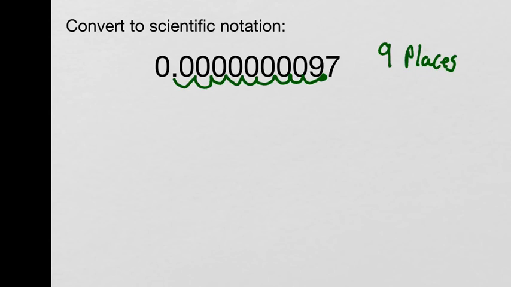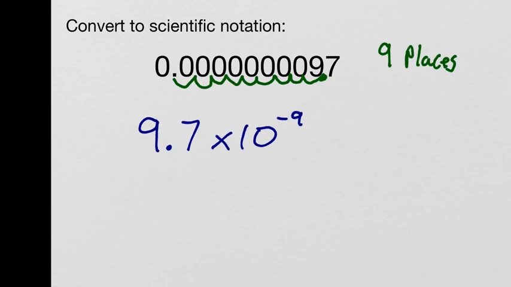Okay. Now we write down the number 9.7. And we need to be able to shrink this number, so we write times 10 to the negative 9, because there were 9 places over to the right.